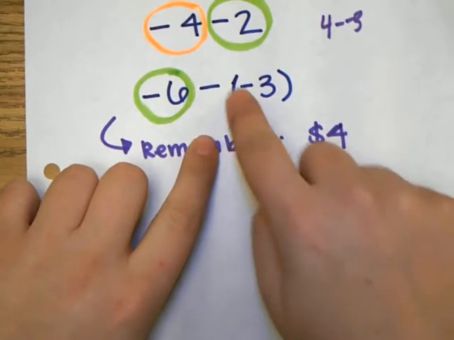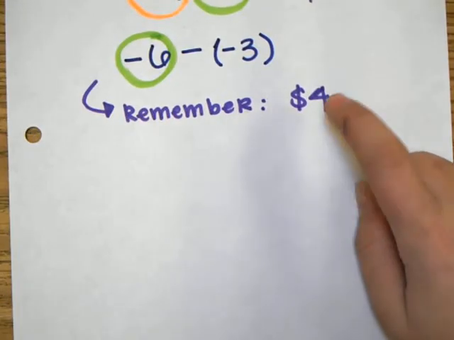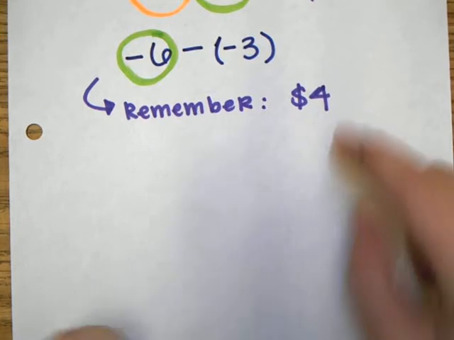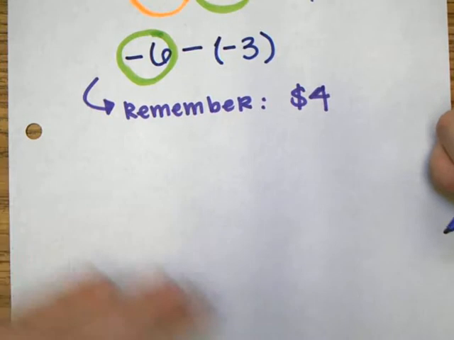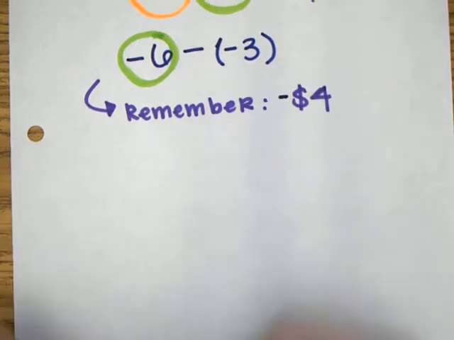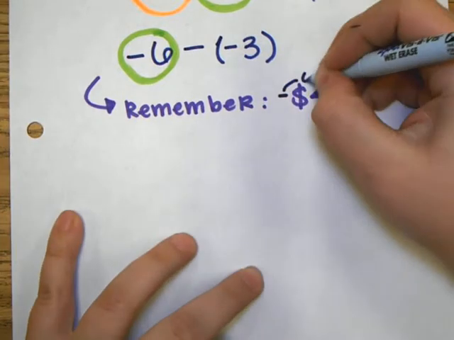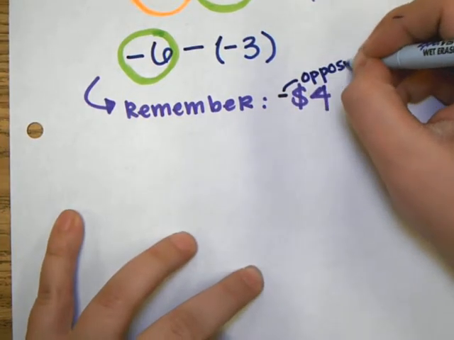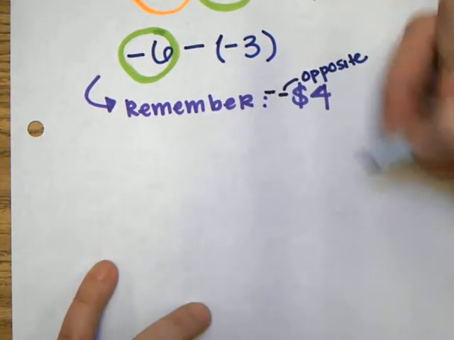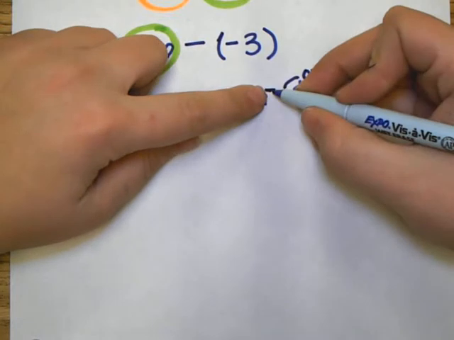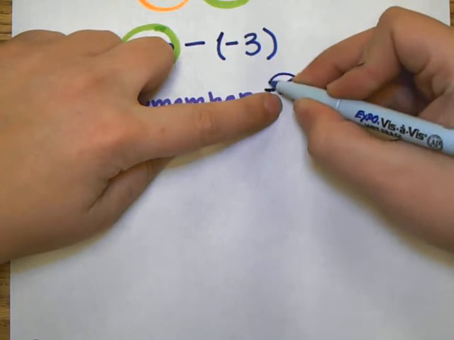What we have to do here is a little bit different. If we have $4, to show the opposite, that we don't have $4, we need a negative symbol. So a negative symbol represents the word opposite. If I put another negative right here, this is saying, what is the opposite of -4?